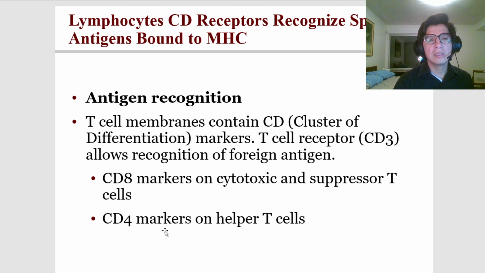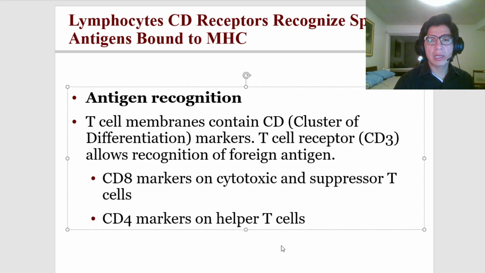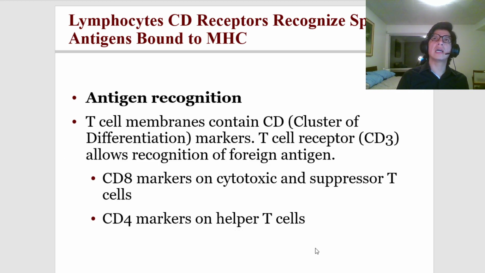Okay. So on the other hand, you have antigen presenting cells that present antigens through major histocompatibility complex type 2, and it's saying, please kill this. So who does this particular function?